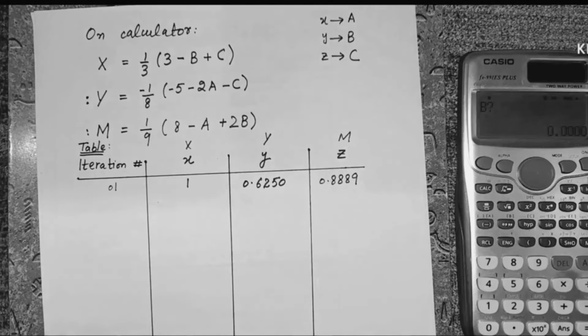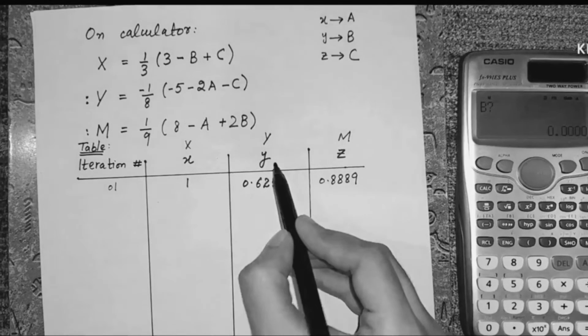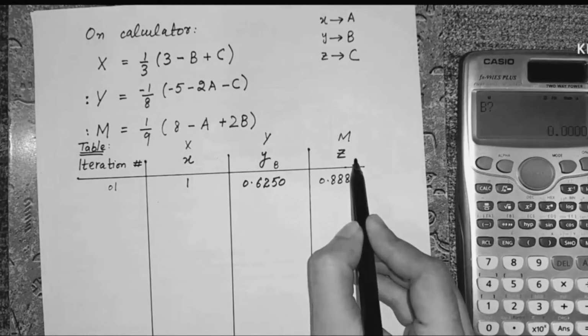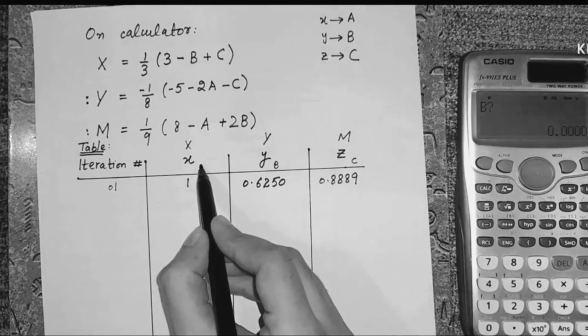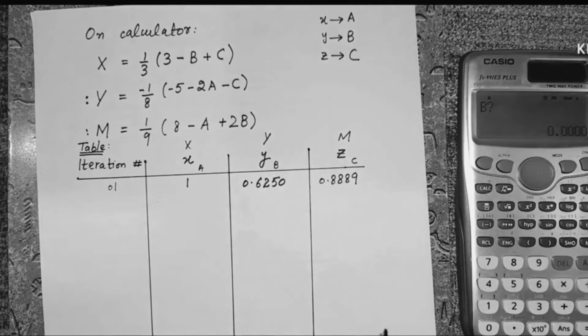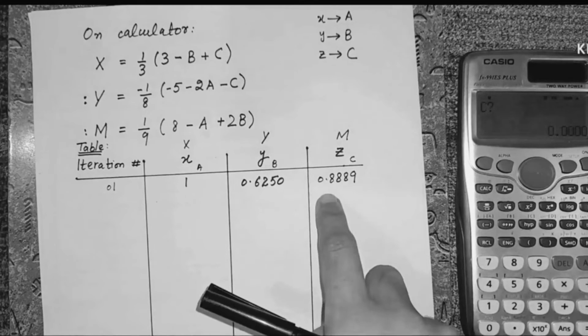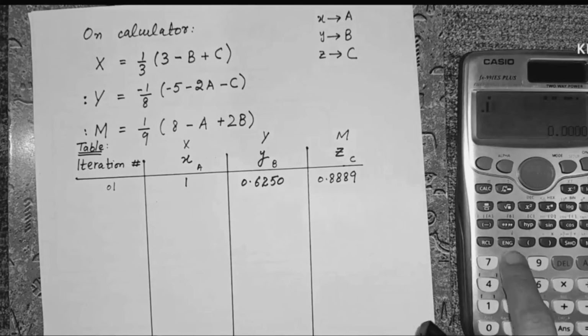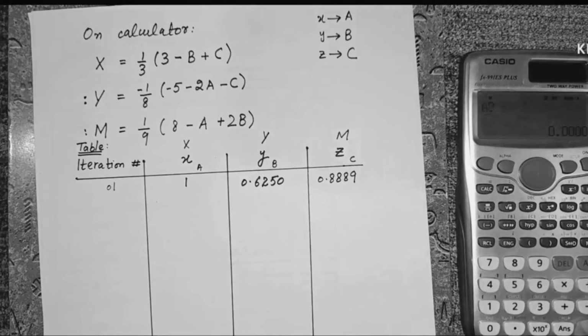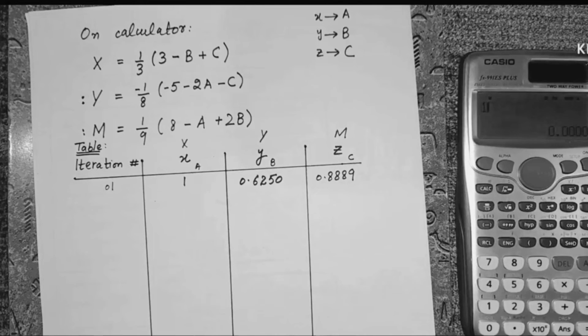Now again the calculator is asking us for the value of b. We know that b is assigned to y, c to z and a to x. For value of b, we will put this value into the calculator, which is 0.6250. Press equal to. Now for the value of c, we'll put this value right there, 0.8889, equal to, for value a is 1.